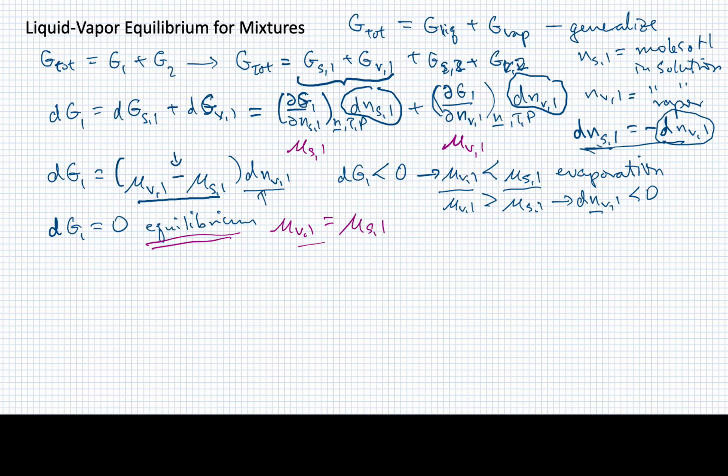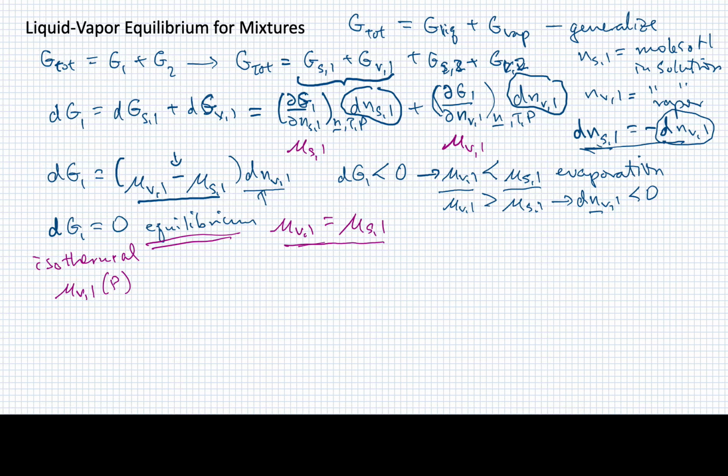But we can use this now to learn something very special about the vaporization of solutions in the following way. Let's write down a general equation for the chemical potential of our vapor for component 1 at some pressure P, and I'm going to assume that all of these things happen as an isothermal process.